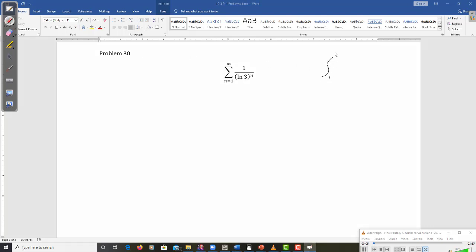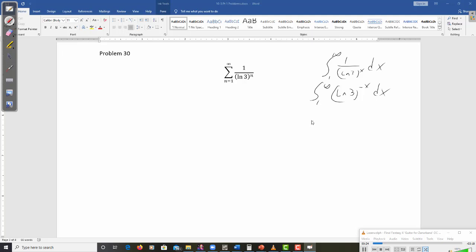So we're looking at the integral from 1 to infinity of 1 over ln of 3 to the x dx. I think we can just integrate this. That's ln of 3 to the negative x dx.